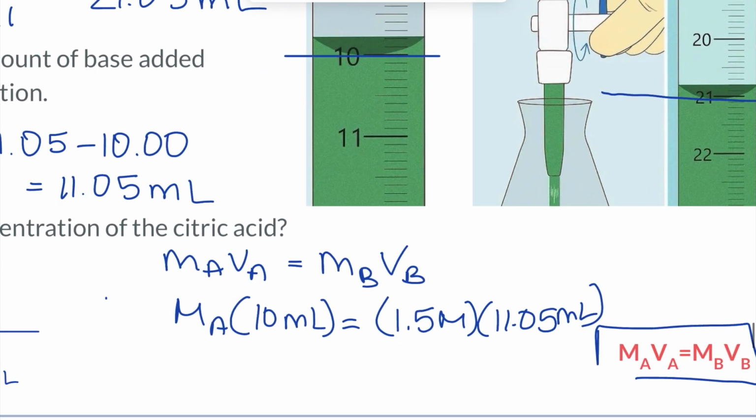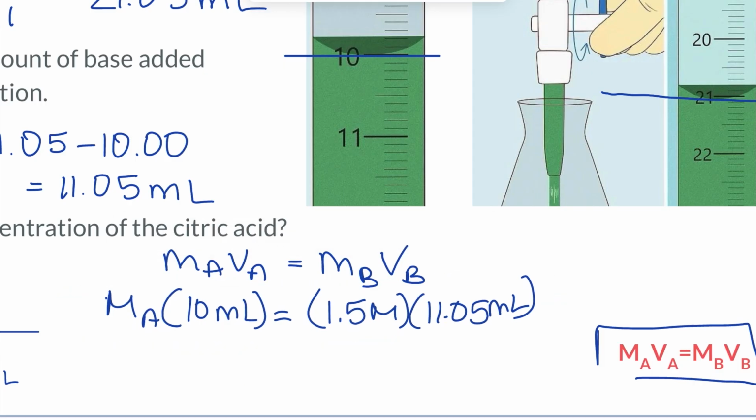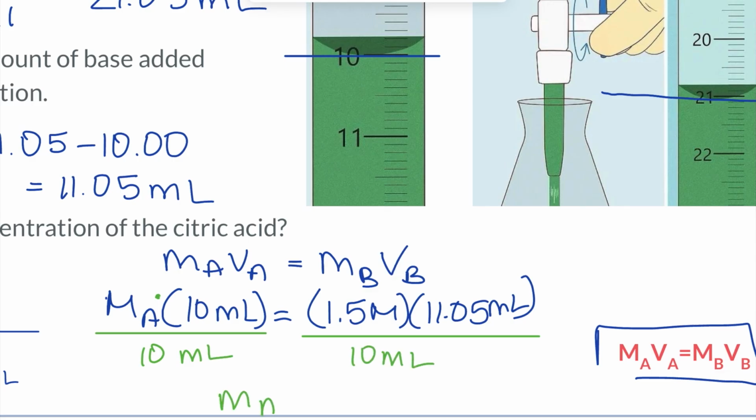As we then look at solving, the nice part about solving these is that because we are always undoing that multiplication, we just divide by whatever is on the side with our unknown variable, we divide the other side by that value. So we're going to divide both of these by 10 milliliters in order to get the molarity of our acid.